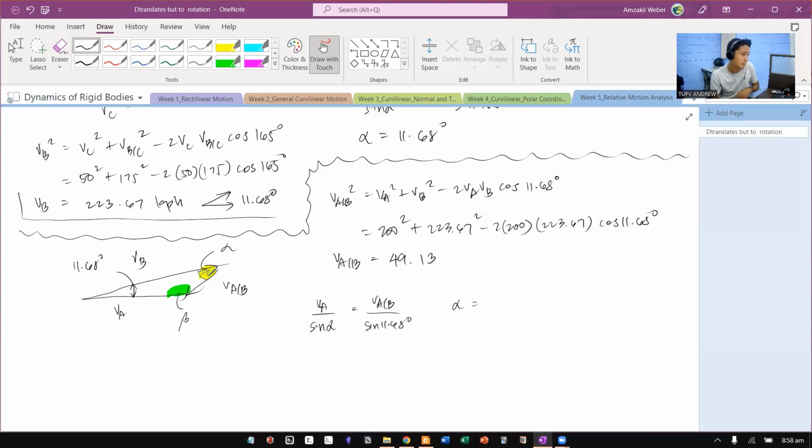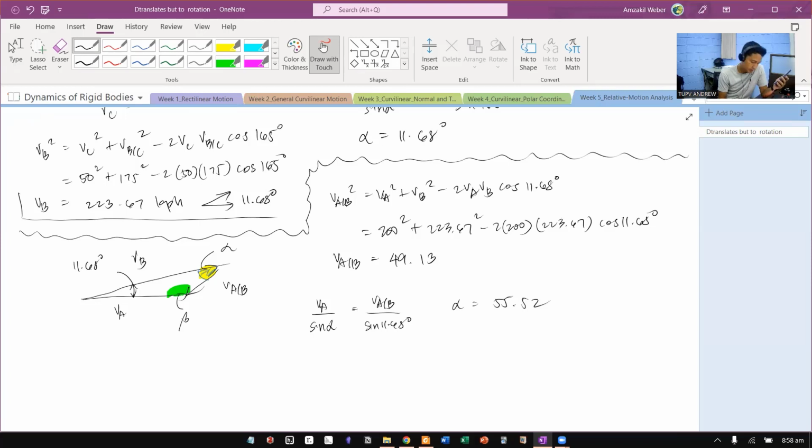So let's check if it is an acute angle. VAB is 49.13 divided by sine 11.68, then divide it by 200, which is VA, then the inverse sine of that is 55.52.